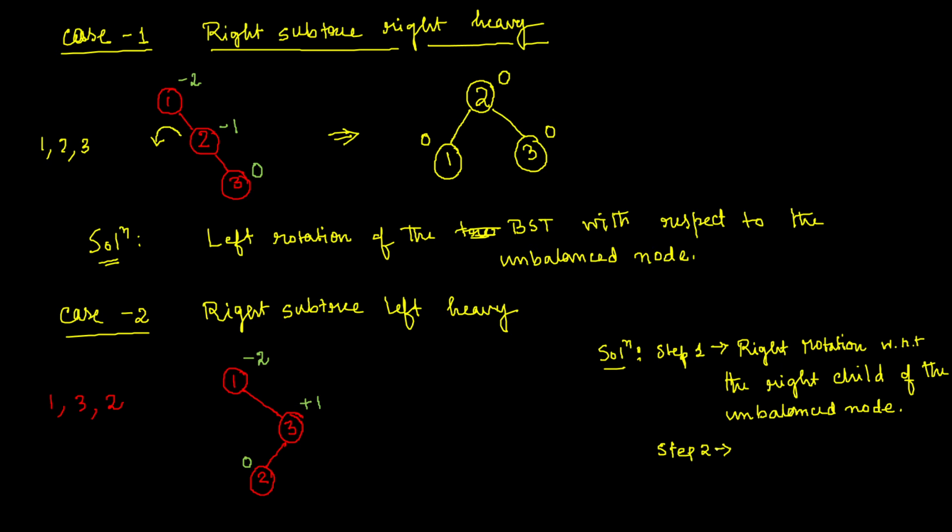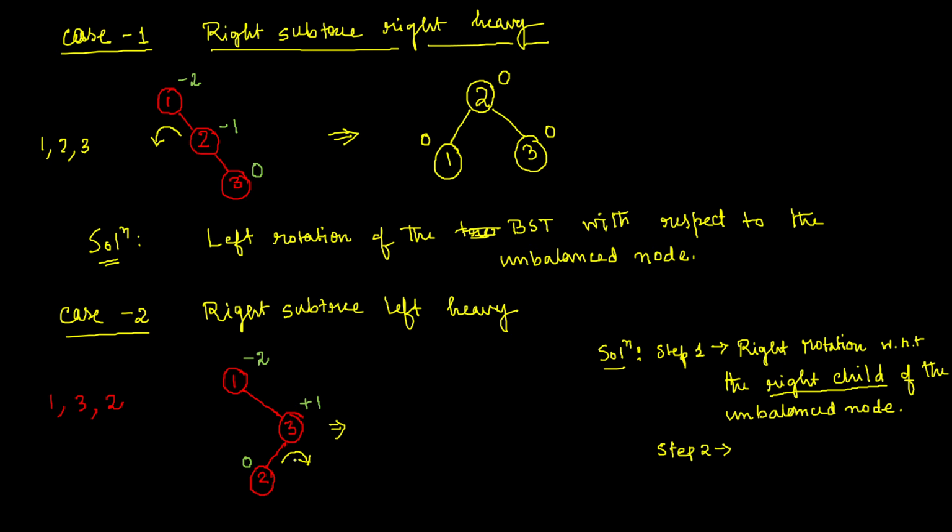so let's continue with step 1 first. So what will happen? We want to do this one, right? Because the right child of the unbalanced node is this one, and the right child is this one.